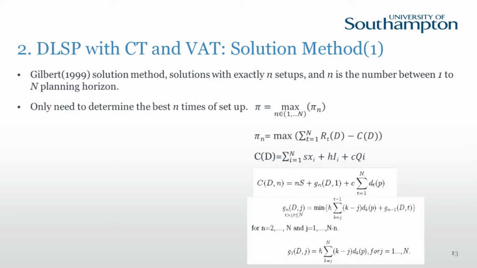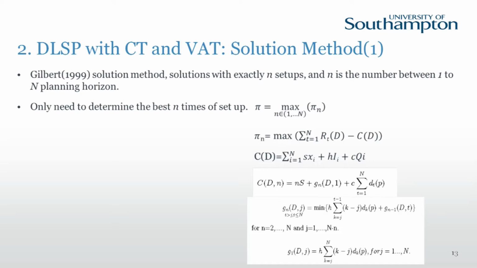They have solutions with exactly n setups, where n is a number between 1 and N planning horizons. Here R_n is the revenue and C_n is the cost. They want to find which n value gives the maximum value, and when n is fixed, which node gives the maximum profit.